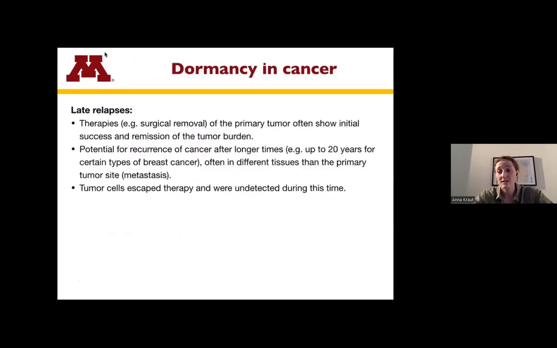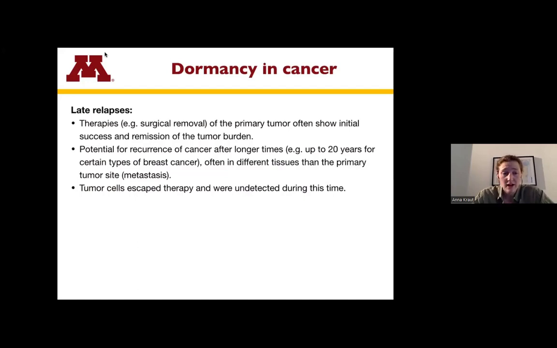So how does dormancy come into play here? Well, usually these therapies show initial success, and through surgical removal or chemotherapy, we see an initial remission of the tumor mass.